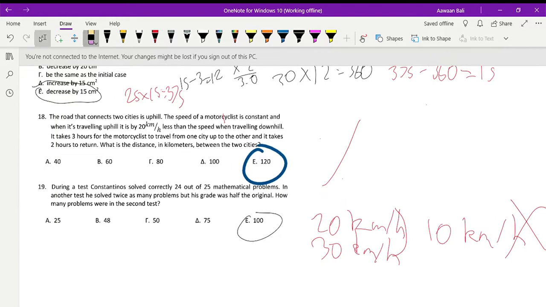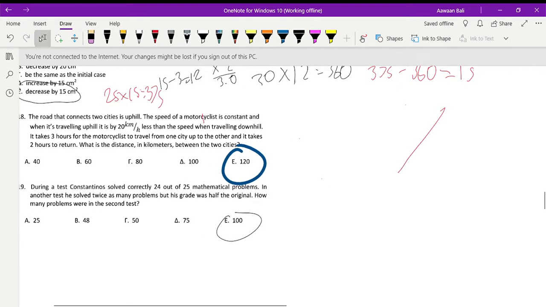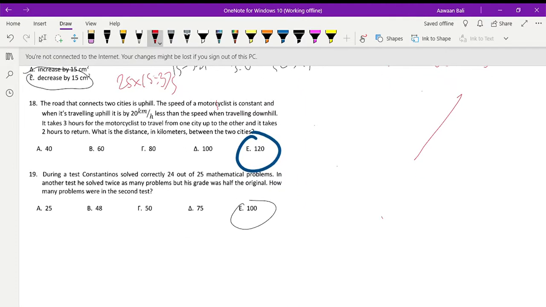Now when we go with 120, which is like the next multiple in line in these options, 120 divided by 3, you get 40.